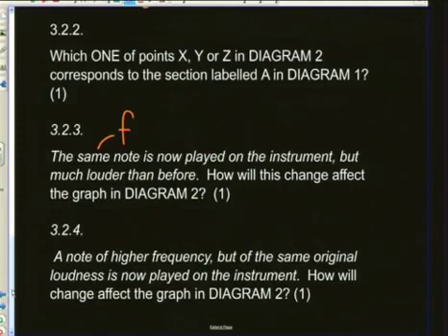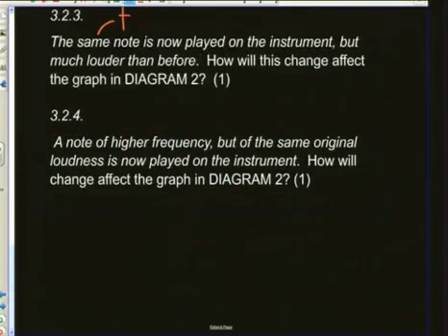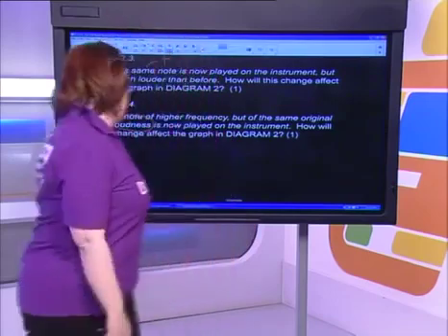Then, a note of higher frequency, but of the same original loudness is now played. Higher frequency means that I have more waves per second.